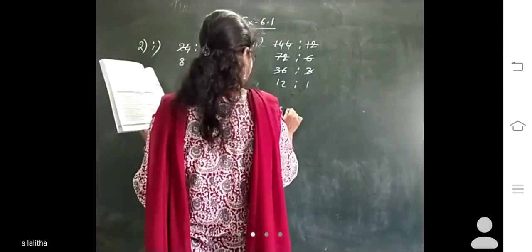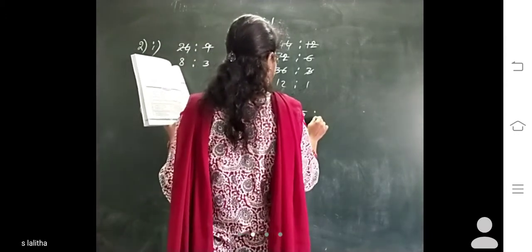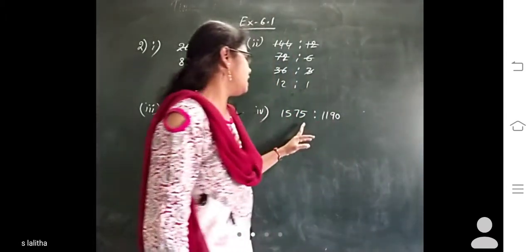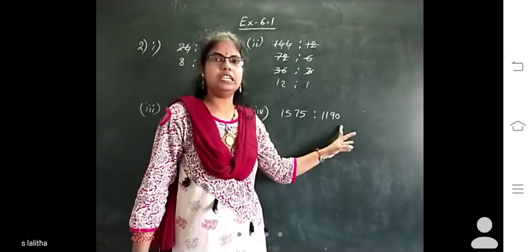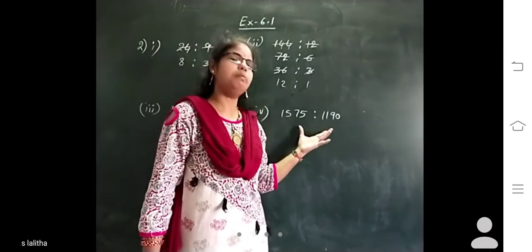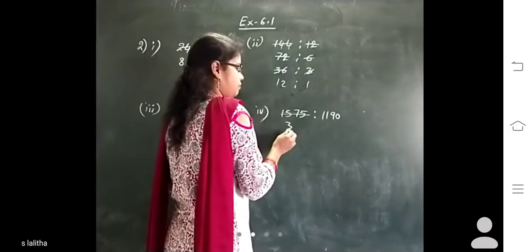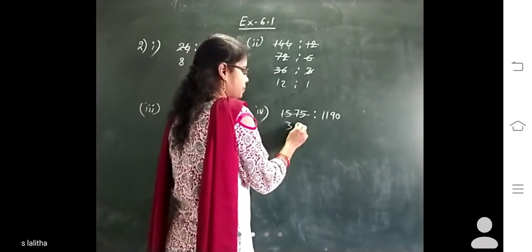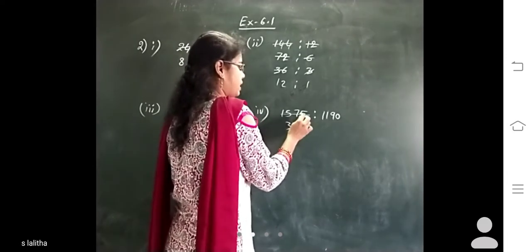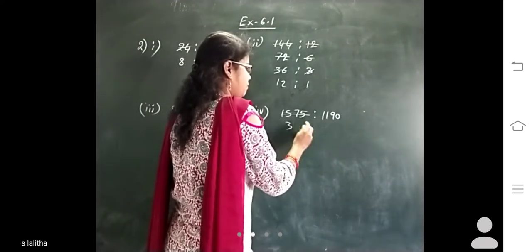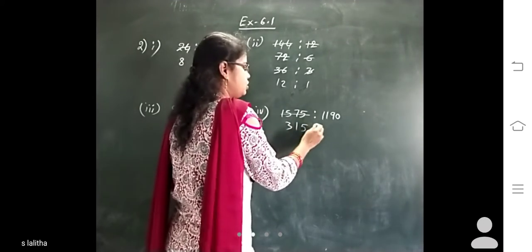Fourth question, 1575 is to 1190. Here the last digit is 5, here the last digit is 0. So which table will it be divisible by? 5 table. Okay, take the 5 table. 5 3s are 15, 5 0 0. 5 1s are 5, 2 is remaining. 5 1s are 25.